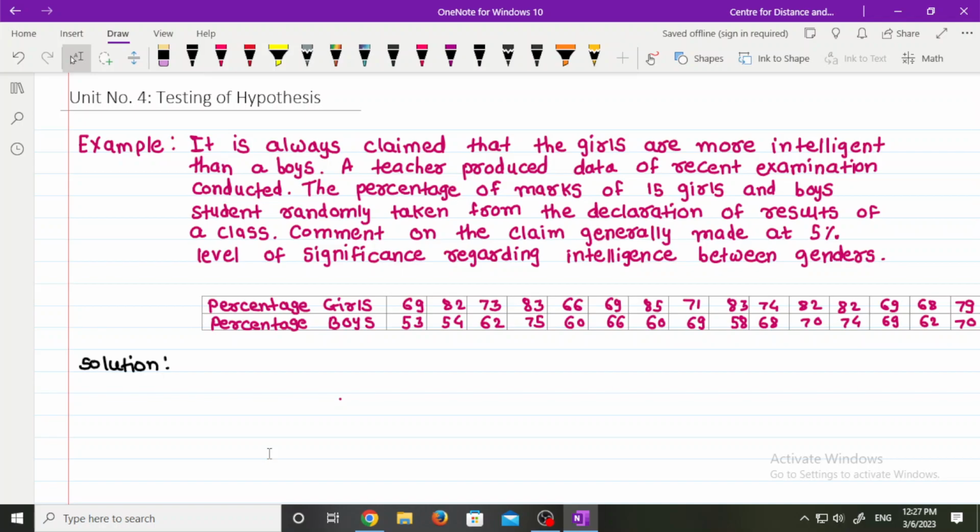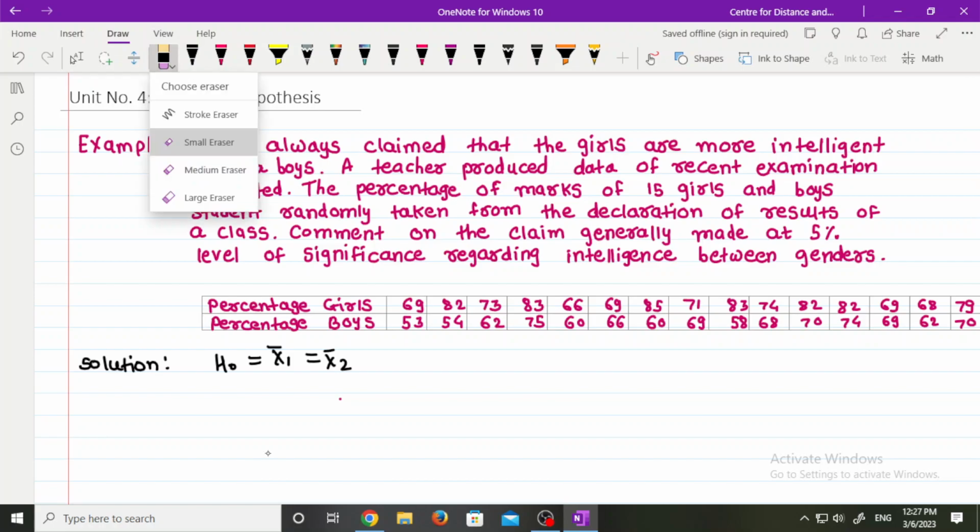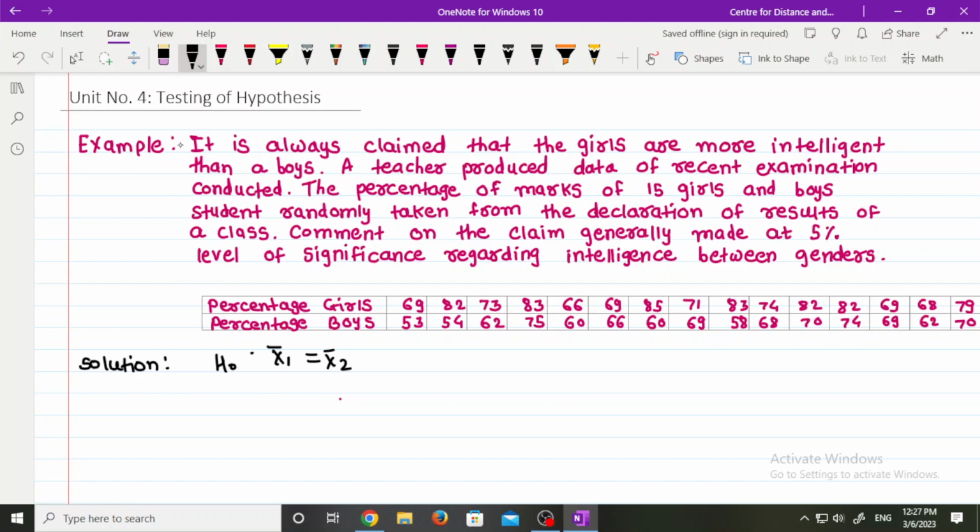First, we consider the hypothesis: H0 is x1 bar is equal to x2 bar. Here x1 are girls and x2 are boys.